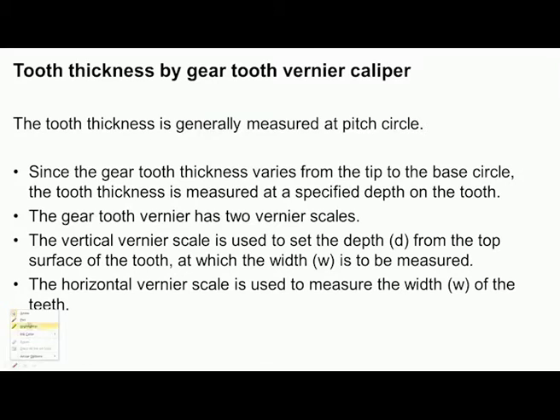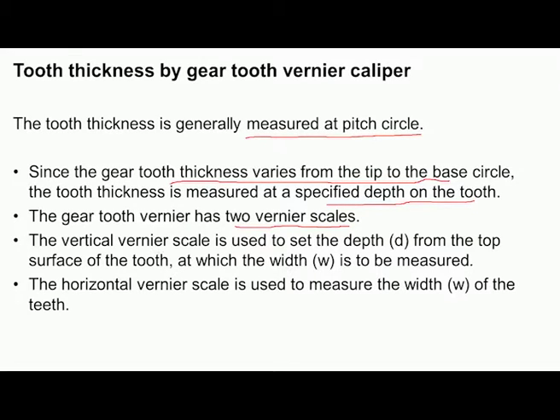Now, the tooth thickness is generally measured at the pitch circle. Since the gear tooth thickness varies from the tip to the base circle, the tooth thickness is measured at a specified depth on the tooth, so normally it is measured at the pitch circle. The gear tooth vernier has two vernier scales, as already discussed.